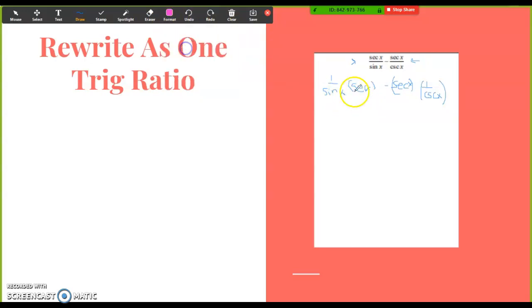So what this would be is 1 over sine of x times secant of x, which is just 1 over cosine of x.